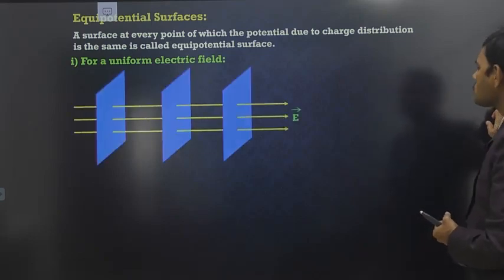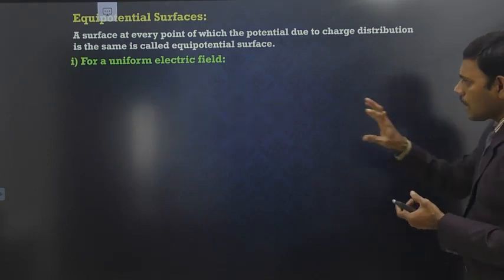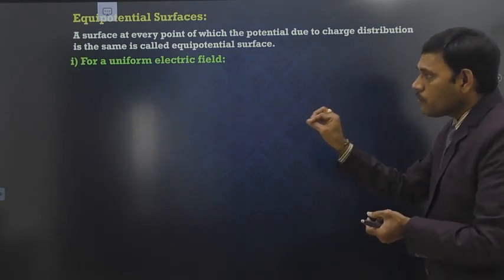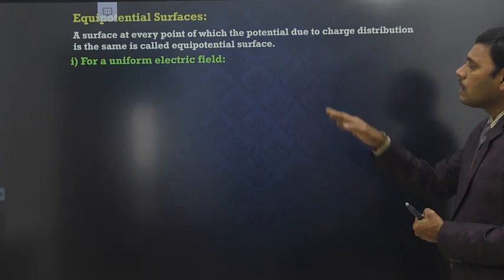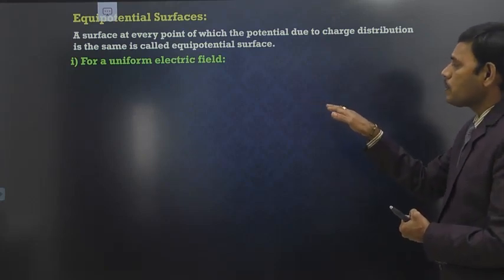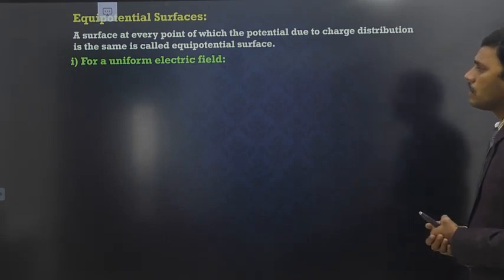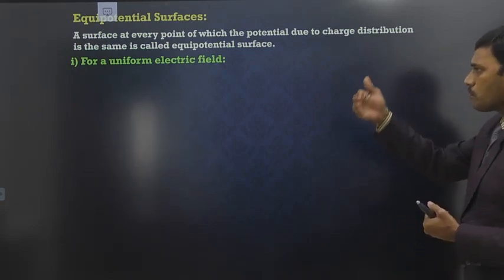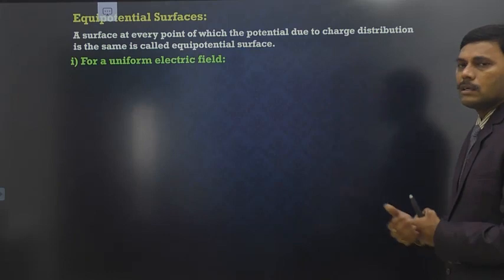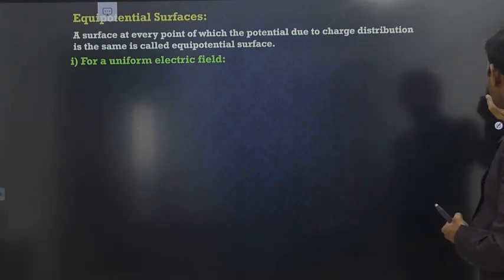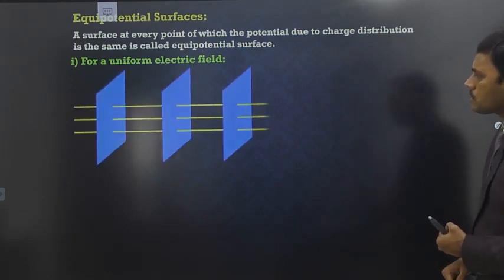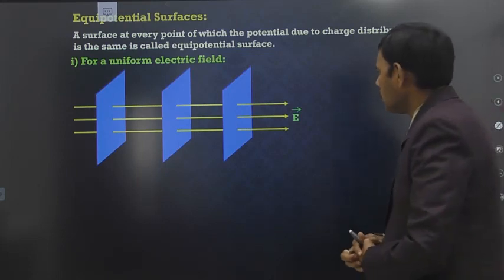So once again, dear students, see the animation. I am showing the uniform electric field by parallel equally spaced lines, that is the notation of a uniform electric field, and perpendicular to them I draw some planes which show equipotential surfaces. Looking at the animation, the yellow lines indicate the uniform electric field.